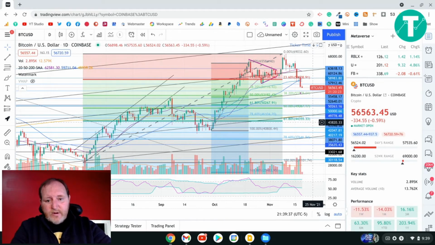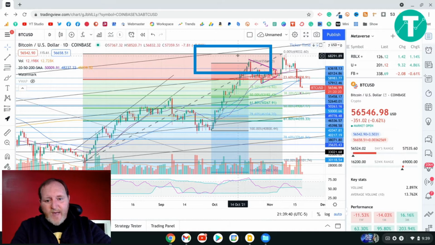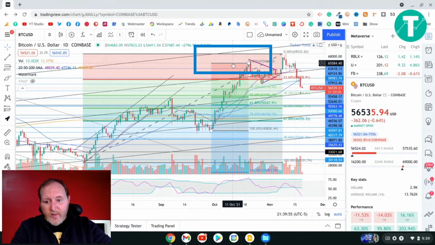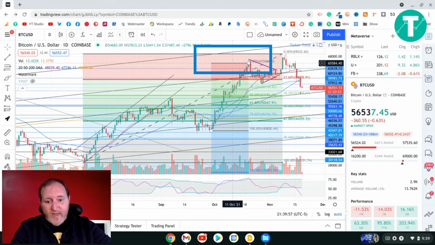So let me give you an example of two lines that are not in sync. The top line of both the long-term 1-week view and the short-term 1-day view, these two lines do not match up at all. One is at 69,000, the other is about 65,000.